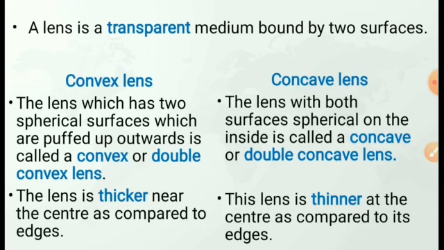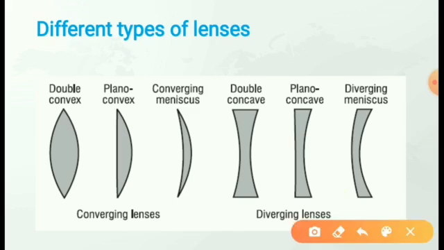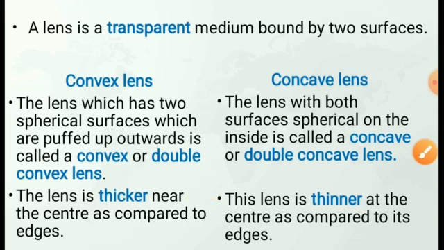The lens which has two spherical surfaces which are puffed up outward is called a convex or double convex lens. You can see here in this picture, it is puffed outward. The lens with both surfaces spherical on the inside is called a concave or double concave lens.